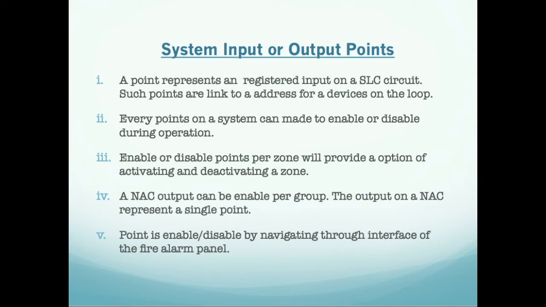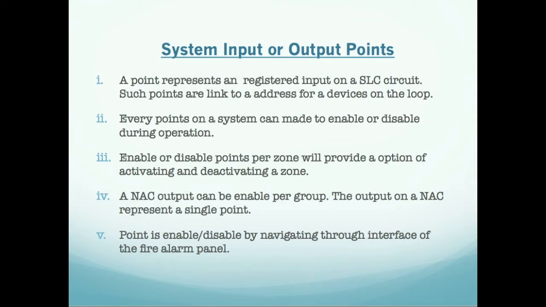A point represents a registered input on the select line circuit. Such points are linked to an address for a device on the loop. Every point on a system can be made to enable or disable during operation. Enable or disable point per zone will provide an option of activating and deactivating a zone.